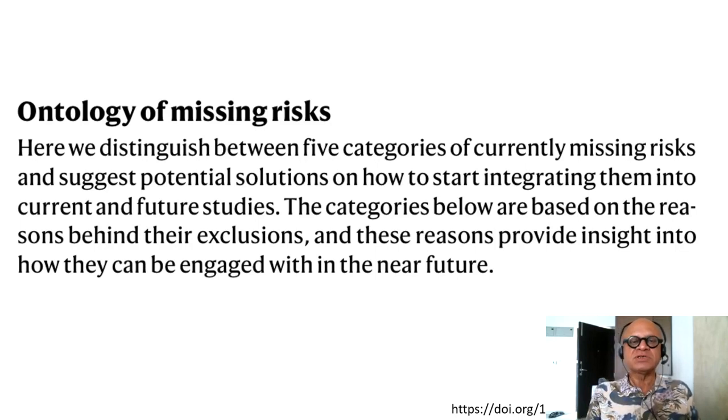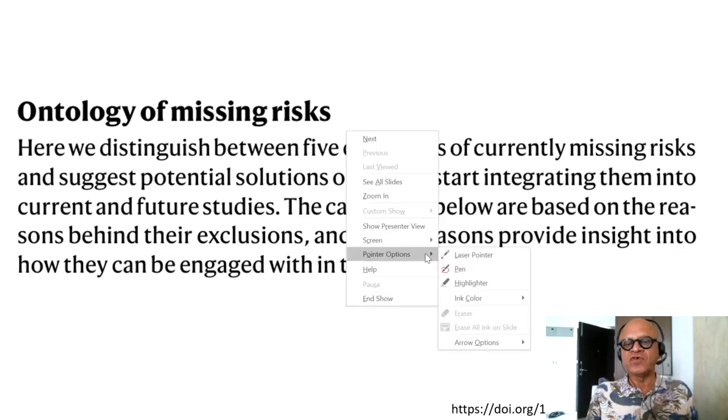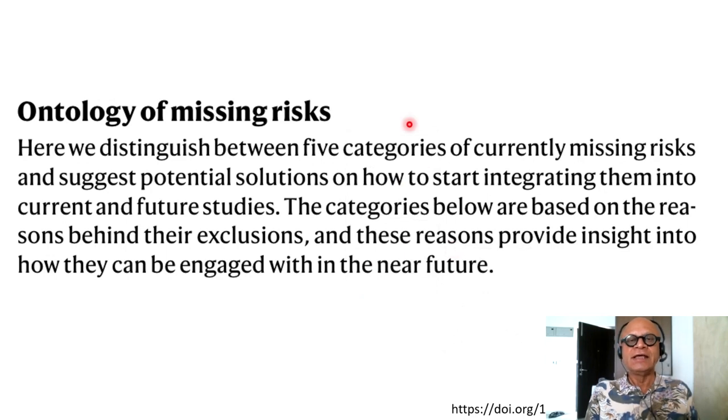This nice paper just goes through few calculations to show that there are in fact a number of risks that are missing from the entire IPCC framework and assessment reports, and looks at the ontology of missing risks and then lists the typologies of where they actually come from.